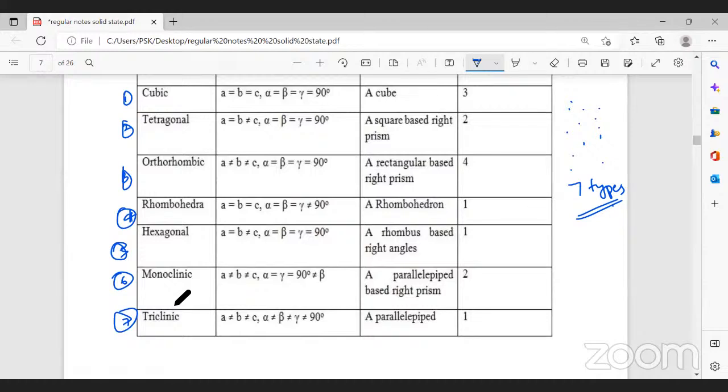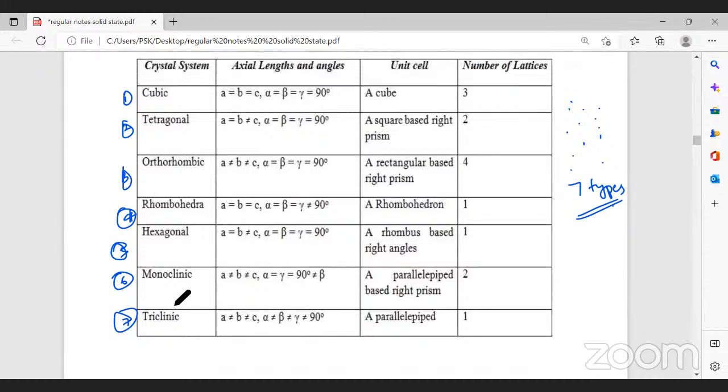Much more complex ones we'll be learning further. Now you should remember, in a simple cube, a is equal to b is equal to c. What do you mean by that? Length is equal to breadth is equal to height.